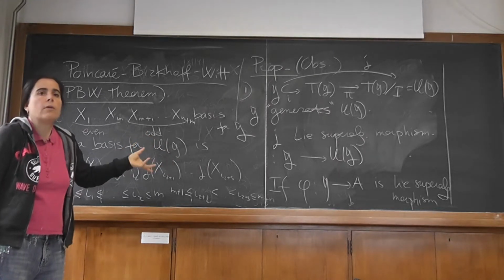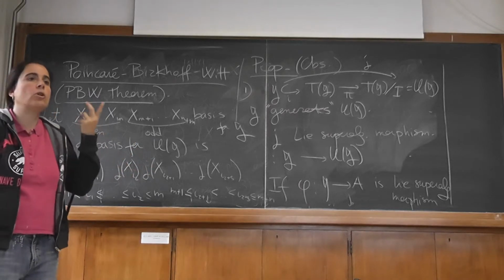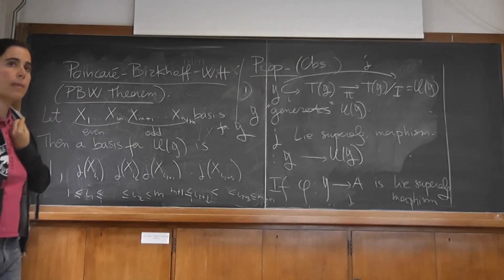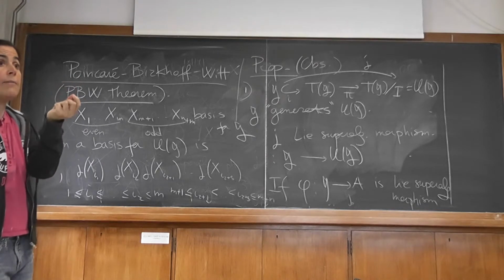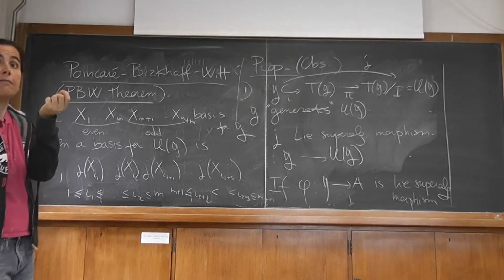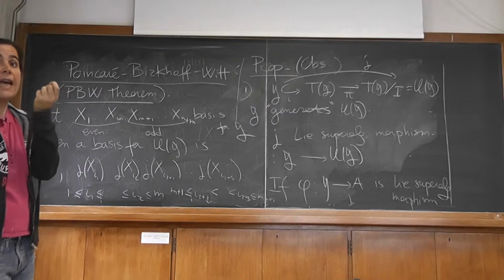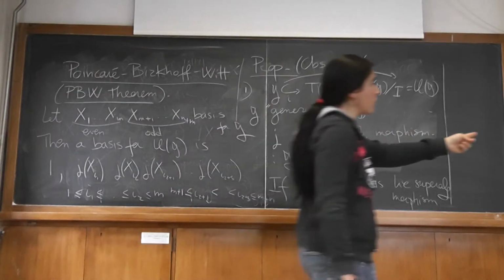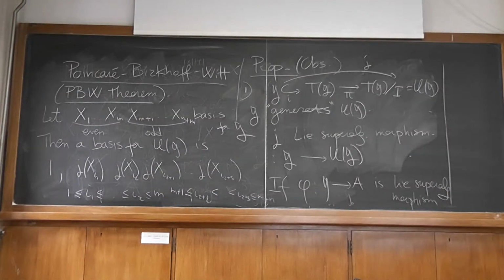So what is the point? Why don't I get the square, if you have two odd elements? Because if you have two odd elements, the bracket will be even. So I can never have h squared. See, for an even element, I can have an element squared.